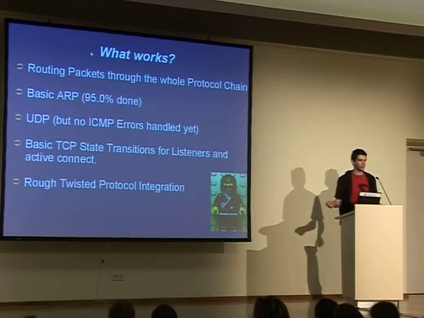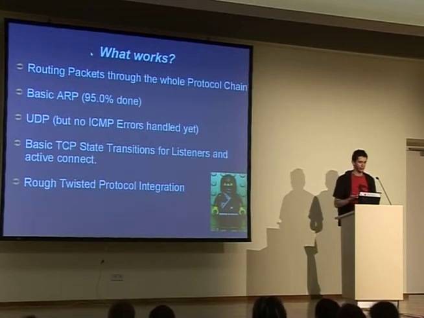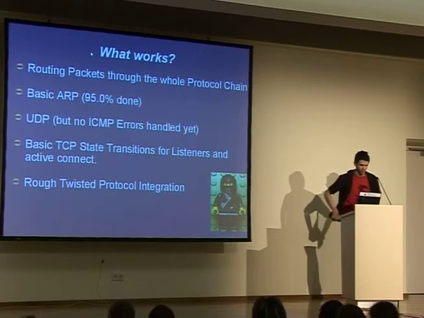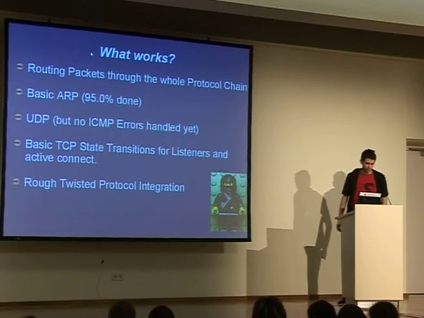Then I have semi-complete UDP support because it's really easy, though I don't have ICMP handling or message passing, which is another of those things where the protocols are really intertwined and can't be easily separated. Then I have all the basic TCP state transitions for both listeners and active connect running without any problems.